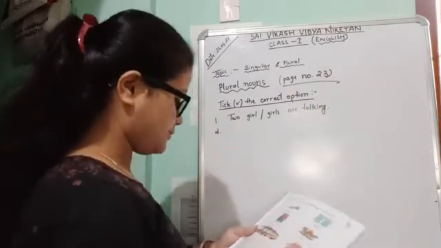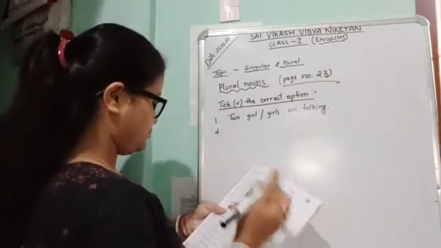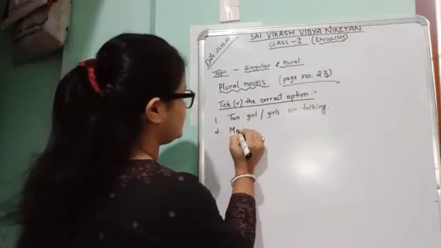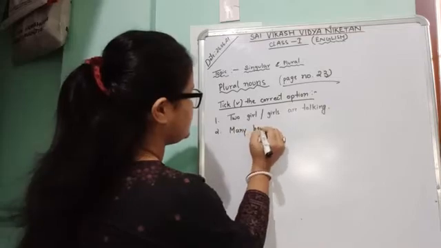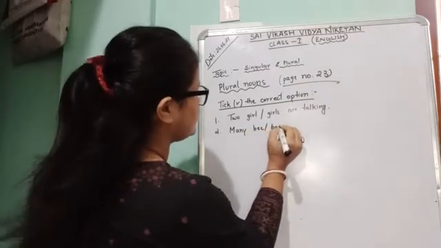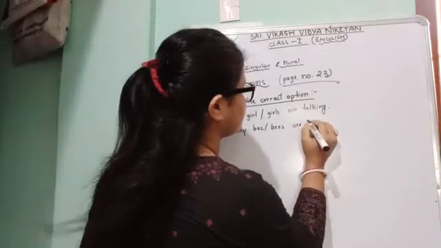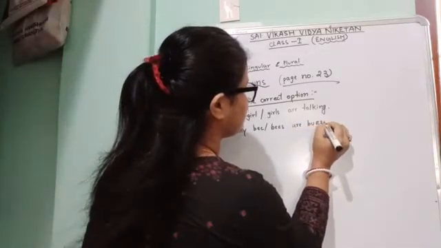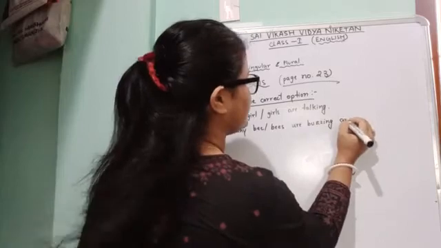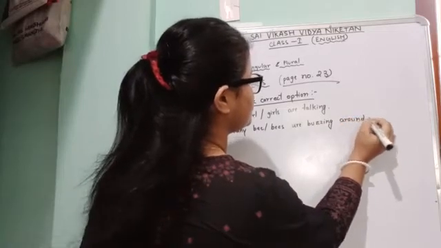Let's write all the examples. After that we'll do. Many bee or bees are buzzing, B-U-Z-Z-I-N-G, are buzzing around them.